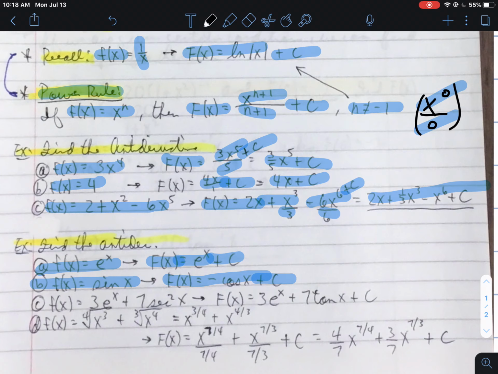So you've got to watch, because with sine and cosine, yes, they are antiderivatives of each other, but there's a positive or negative thing there that you have to be careful of. Double check it, and you can do that by differentiating, and if you need to tack on the extra negative, then you do so.